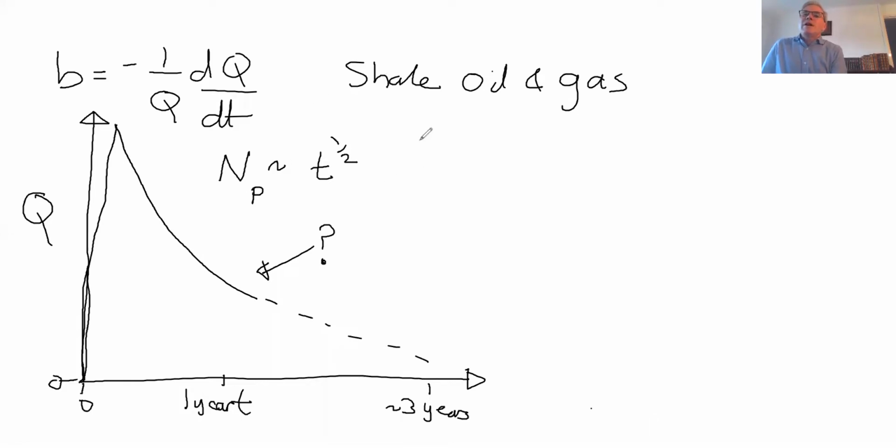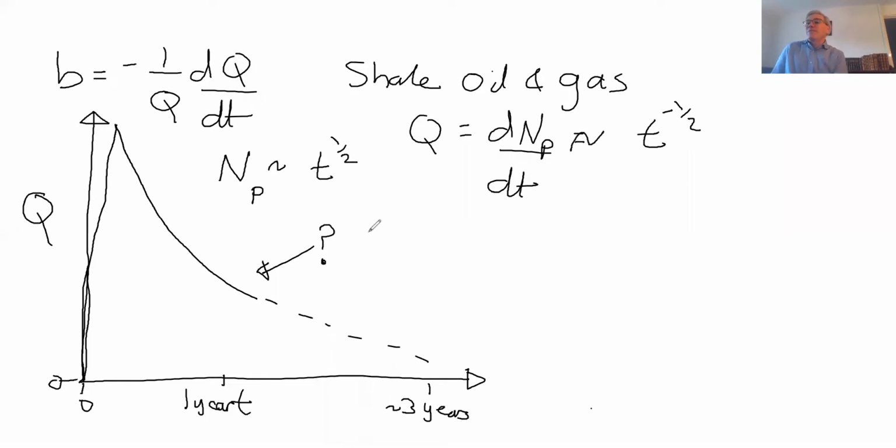So MP is t to the half. So Q, there will be a couple of derivatives here, is dMP/dt, and that scales as t to the minus a half, because I go half t to the minus a half. We don't know the proportionality; the proportionality is actually set by how high it goes.